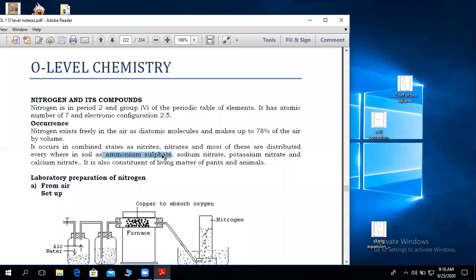In ammonium salts, we also have nitrogen, sodium nitrate, potassium nitrate, calcium nitrate. So any compound that contains a nitrate contains nitrogen.